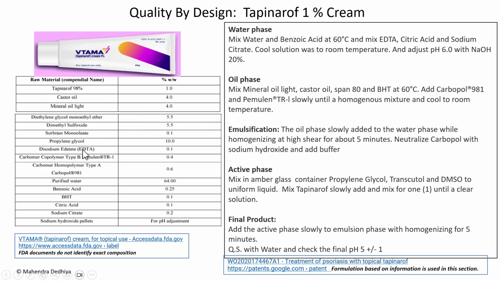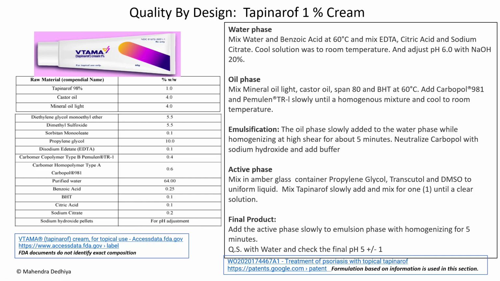EDTA, complexing agent, emulsifiers, DMSO, transcutol used in enhancing permeation. Carbomers and carbopol polymers are used. Increased viscosity, purified water, benzoic acid as a preservative, BHT as an antioxidant, citric acid and sodium citrates as a buffering agent, and sodium hydroxide pellet for pH adjustment.